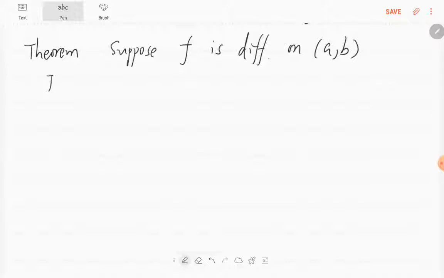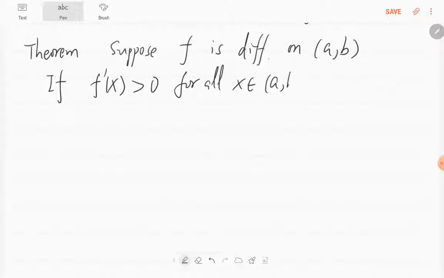If the derivative of f is greater than 0 for any x in the interval (a, b), then we can say that f(x) is increasing on the interval (a, b).